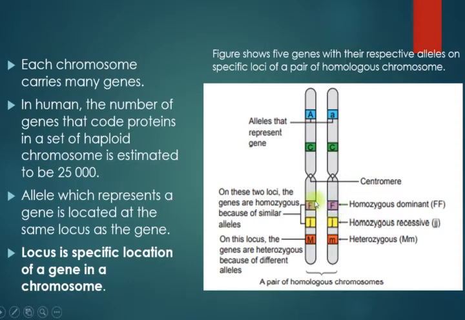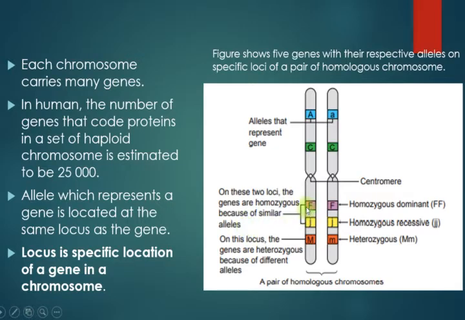Let's take a look at this one. Small j, small j. On these two loci, the first and second one here, the genes are homologous because of similar alleles.